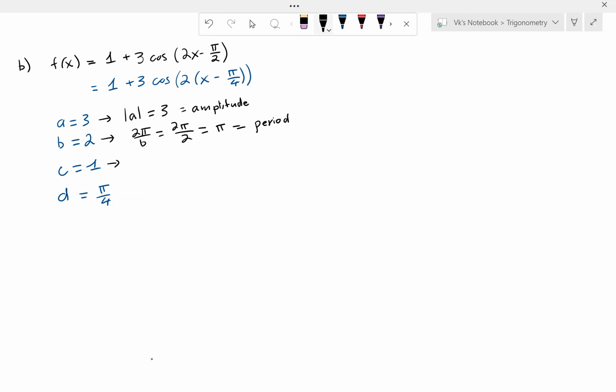C equal 1 tells us to shift up 1 unit. D equal pi over 4 tells us to shift to the right pi over 4 unit. Okay, with this we can graph.